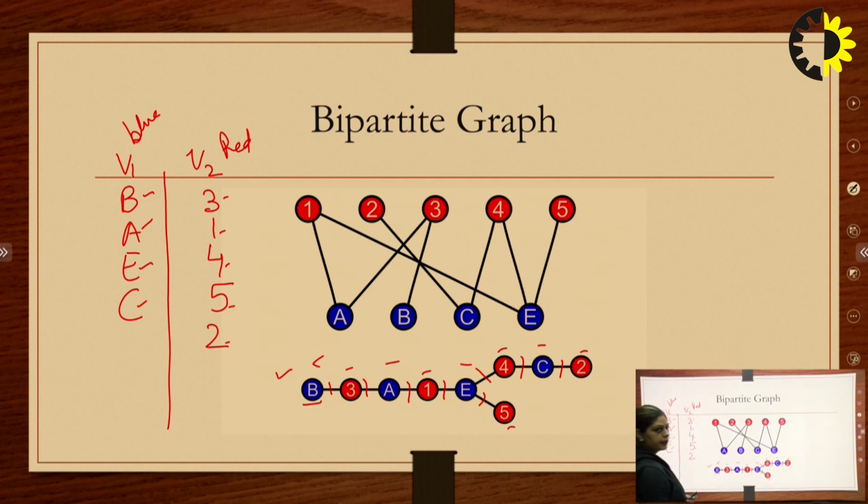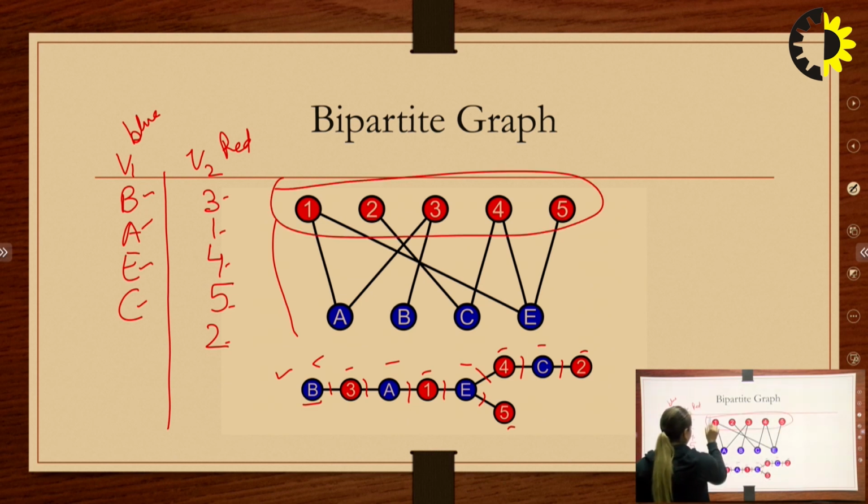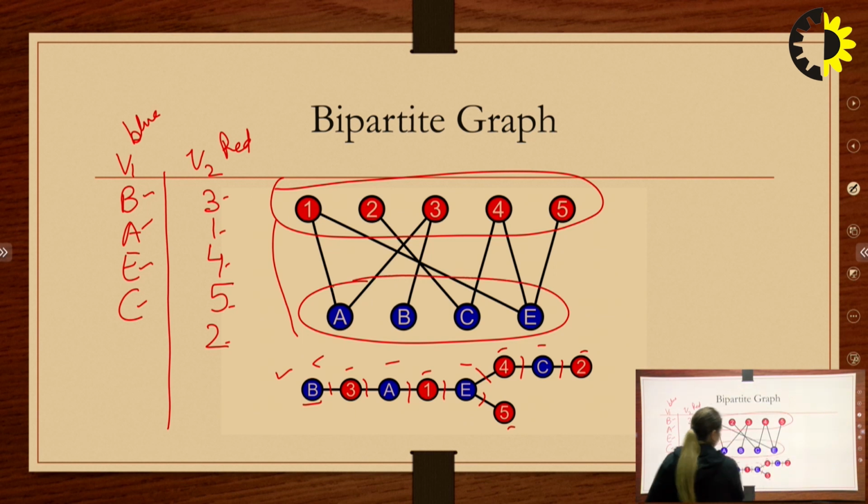This shows that this graph is a bipartite graph. Now again, we can draw this graph in this manner also. Keep the red vertices at one side, blue vertices at the other side, and draw the edges the same way they are drawn in this graph.